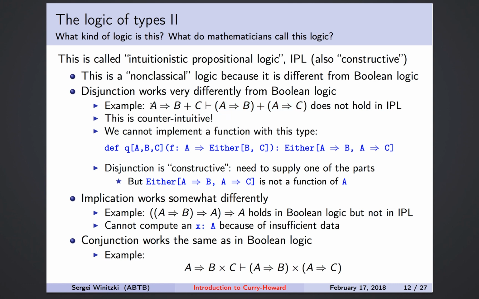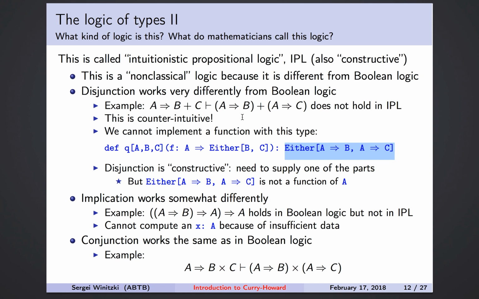So if we're given an expression of type A to B plus C, let's say some f of this type, can we build an expression of this type? We can ask this differently by asking, can we implement a function that takes this as an argument and returns this? Well, we know that this is equivalent.